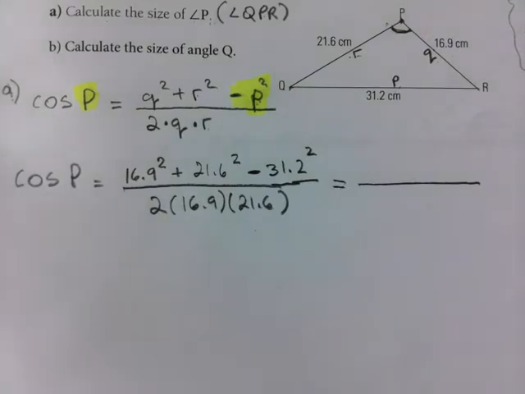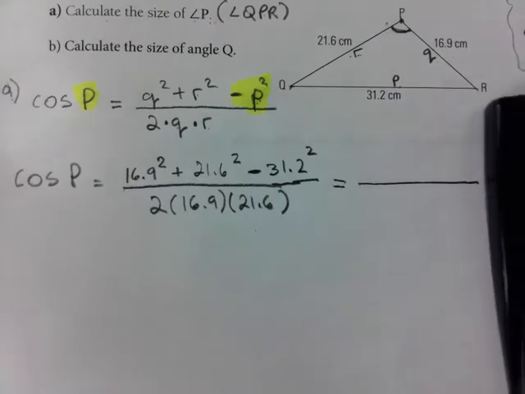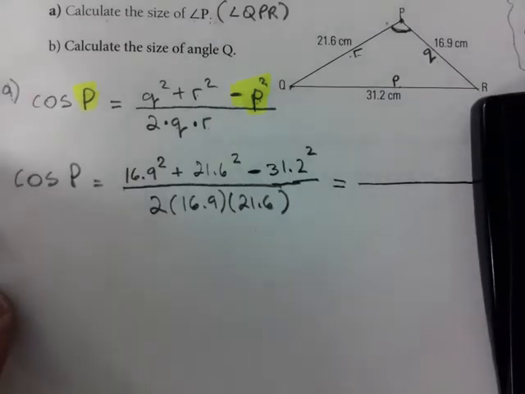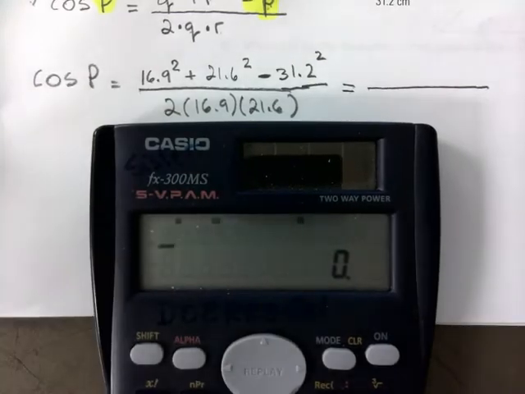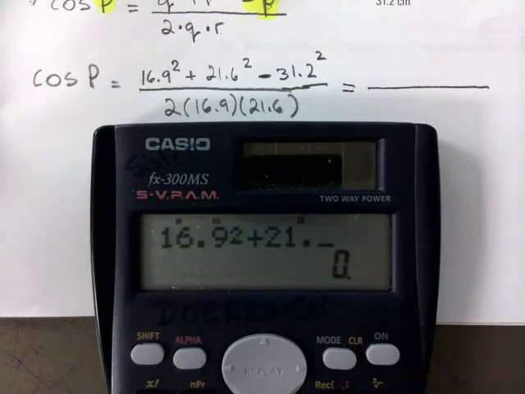So figure out what the top is. Grab your calculator, figure out what the top is, and then do the denominator separately. We don't do it all in one shot. So 16.9 squared plus 21.6 squared minus 31.2 squared equals, what do you notice about your answer?